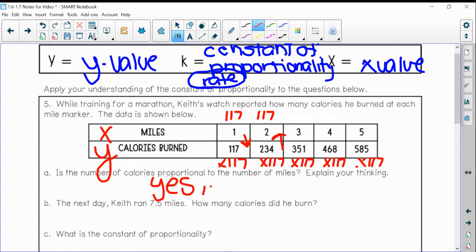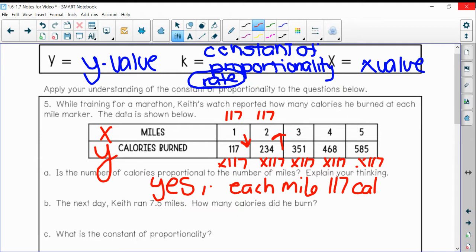Yes, because we already figured out each mile we burned 117 calories. We saw, and I'm running out of room, I would put that we saw each mile we burned an extra 117 calories at a consistent rate.